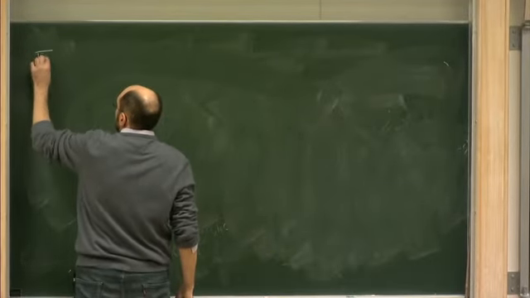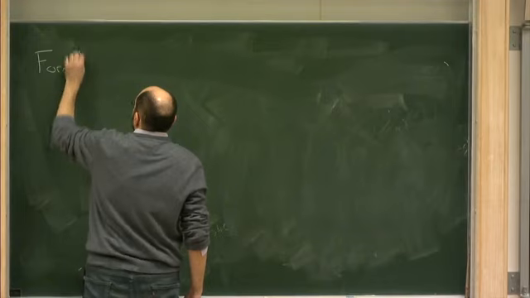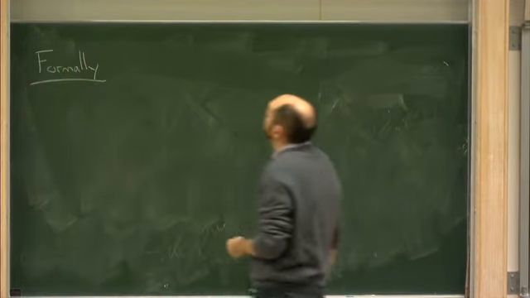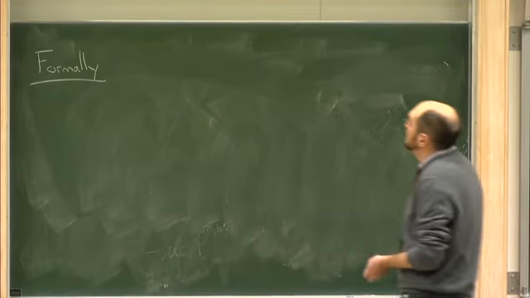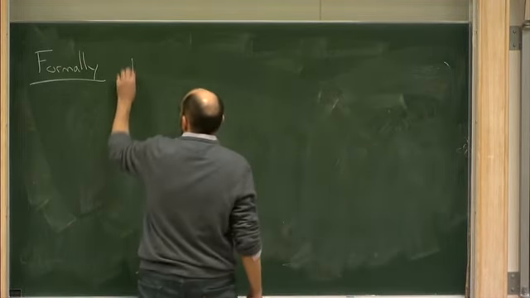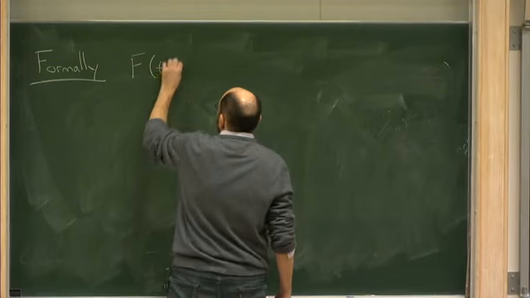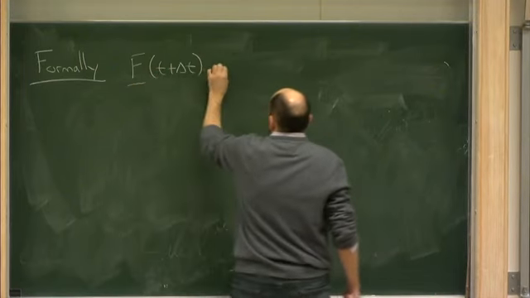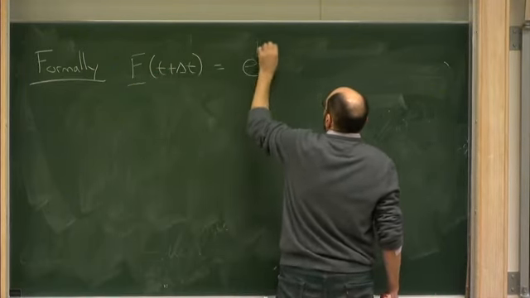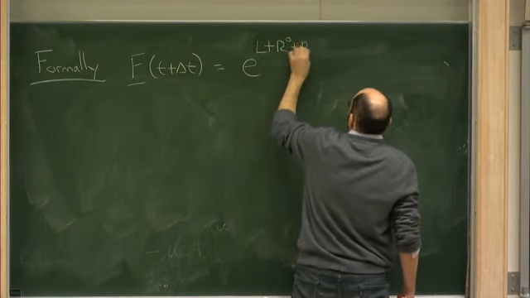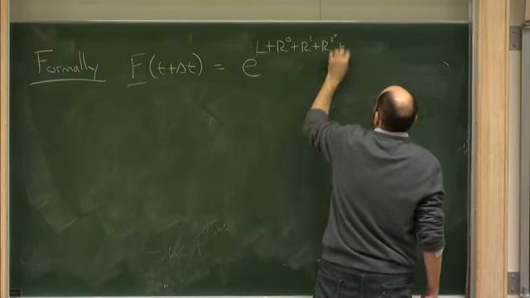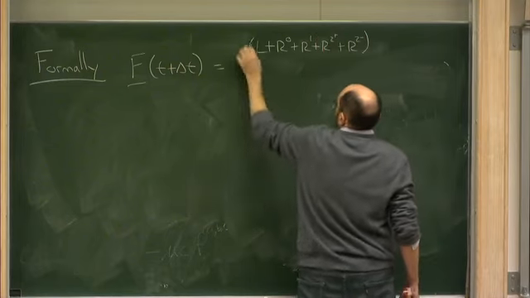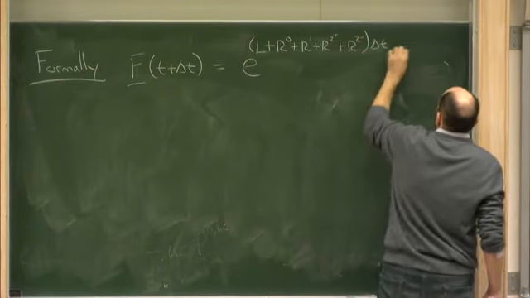Again, all of this is formal because I'm working with potentially an infinite dimensional system of equations in some abstract Hilbert space. But at least formally, I know that f of t plus delta t should be the same operator, e to the L plus R0 plus R1 plus R2 plus R2 minus delta t, applied to f of t.